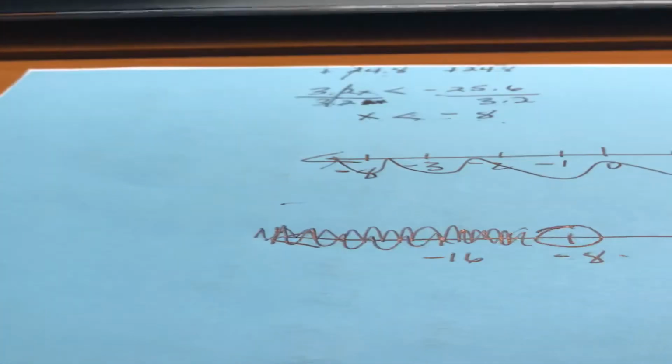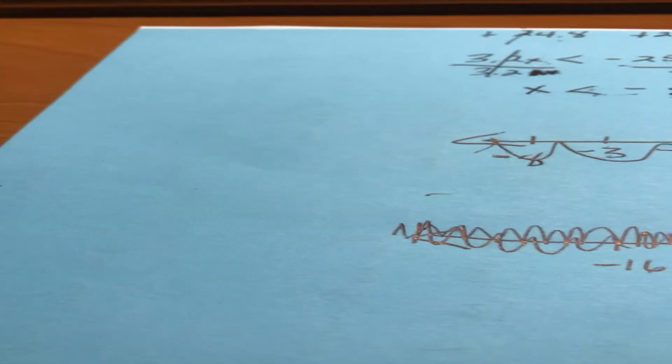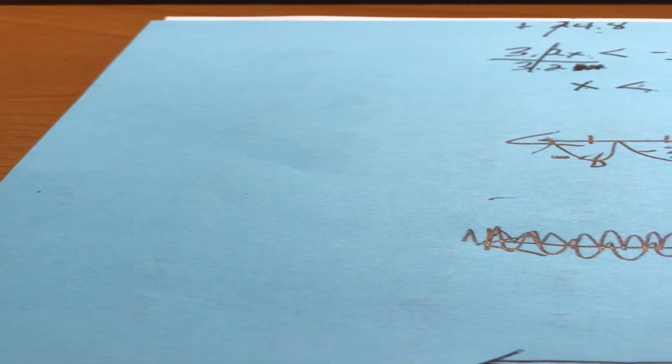So I'm just going to ignore that for a minute because I don't see any negative numbers on there. Another way, on the graph, you would see the red line go like this. It would be an open circle at -8.